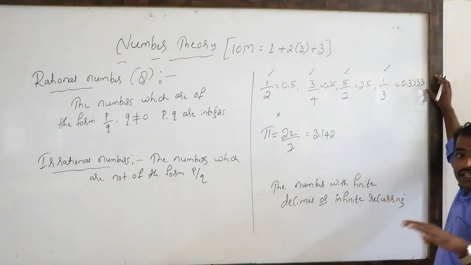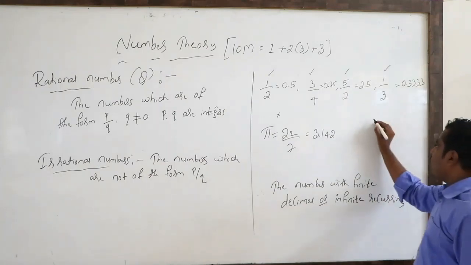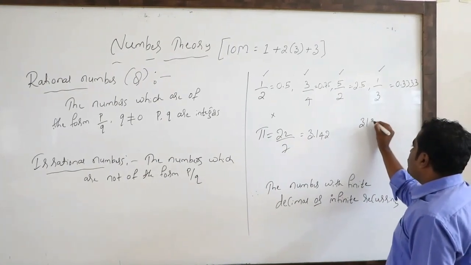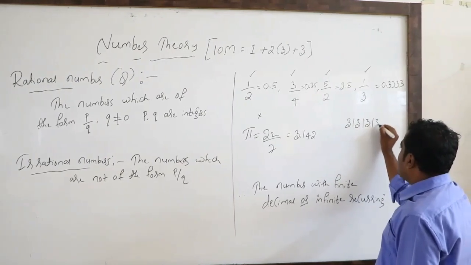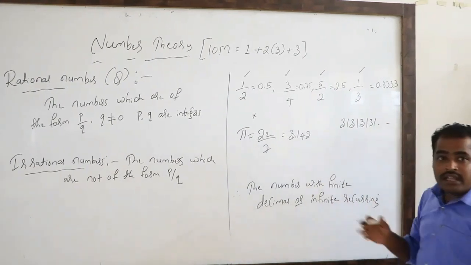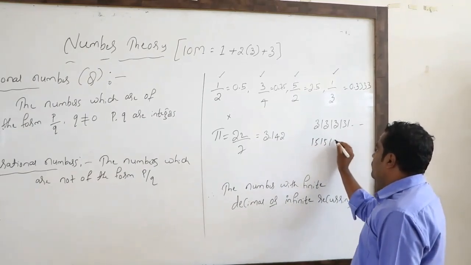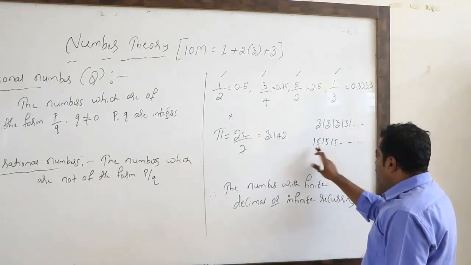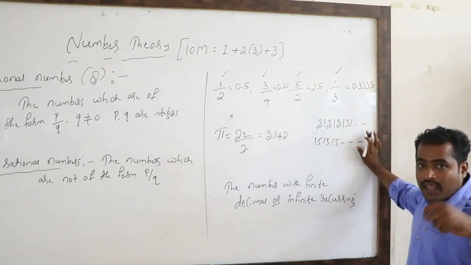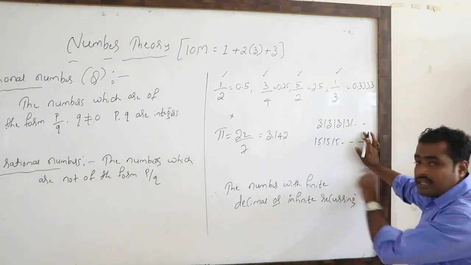If it comes like 31, 31, or 15, 15, and so on, that is infinite recurring. That is also a rational number.